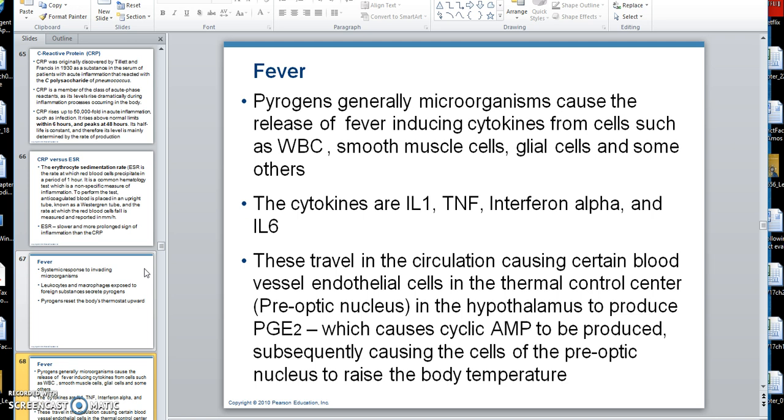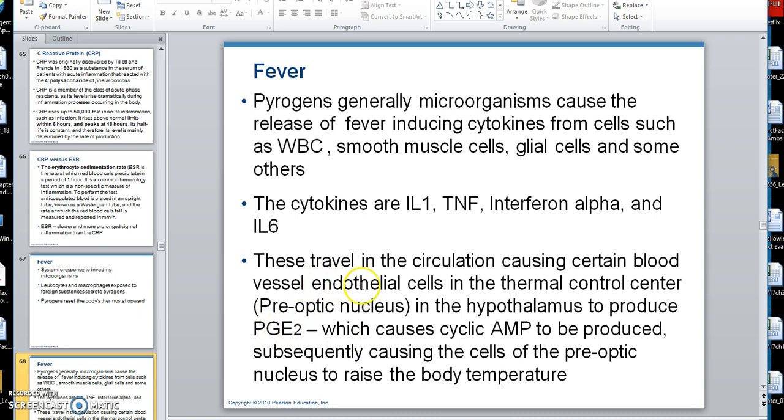The pyrogen, which was the bacteria or virus, came in and caused cells to secrete cytokines. The cytokines went into the circulation and caused endothelial cells, the lining cells of blood vessels, to secrete PGE2.